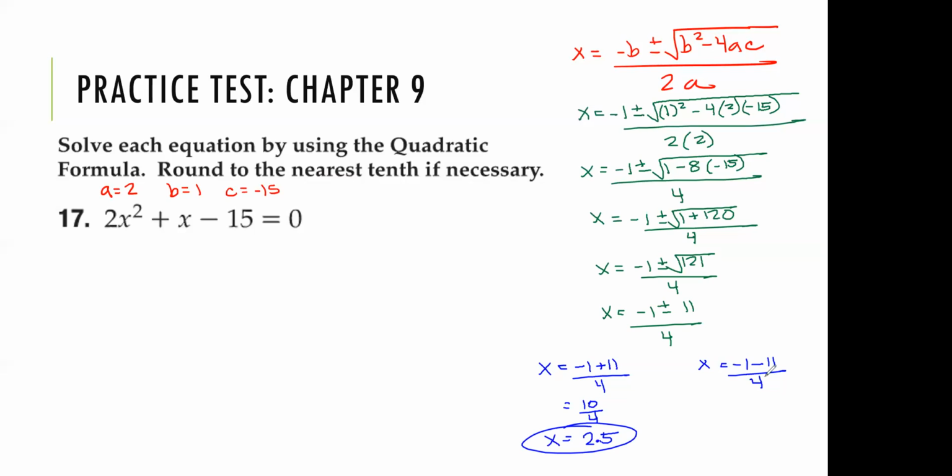Okay, and then negative 1 minus 11 is equal to negative 12 over 4. Okay, and negative 12 divided by 4 is negative 3. Okay, so those are your answers there.